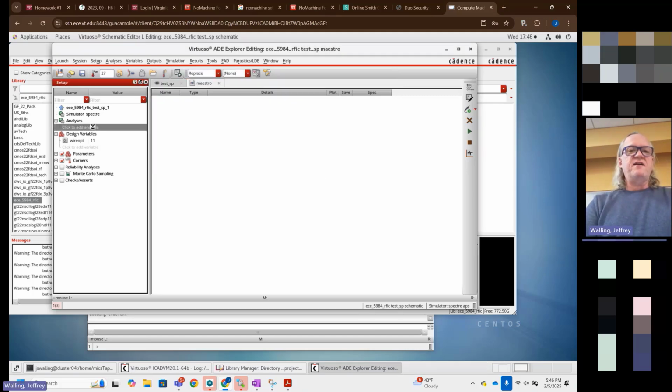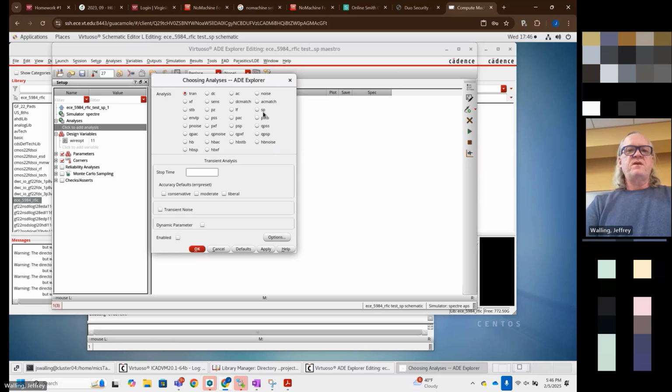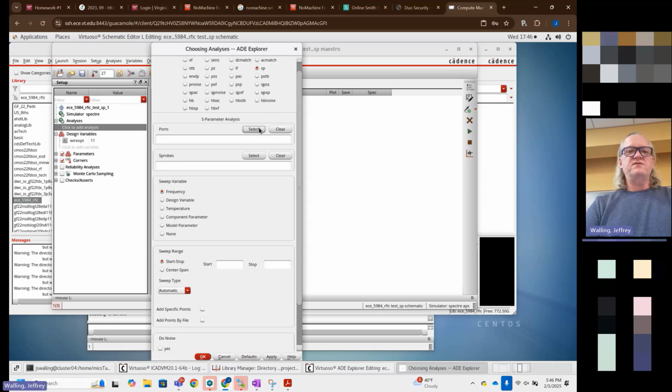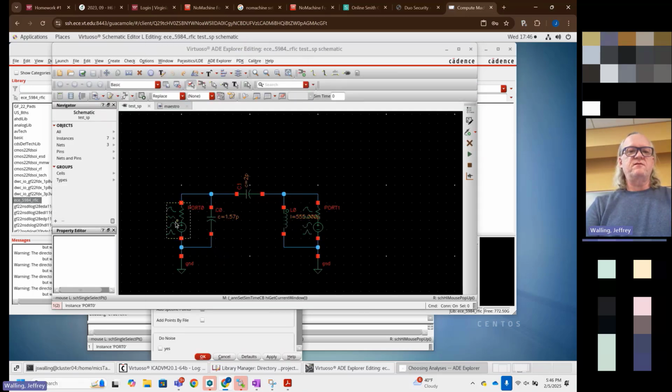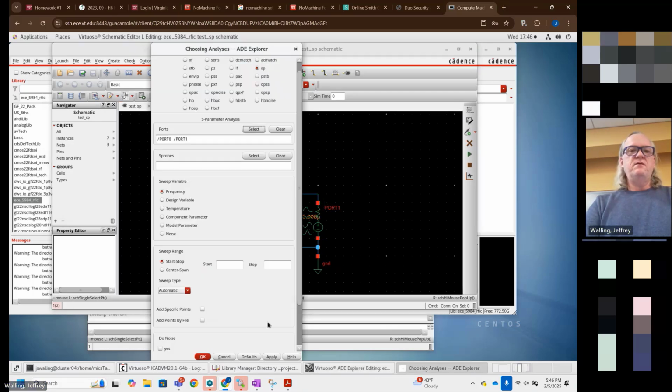We're going to add an analysis, SP. We're going to select our ports in the order port 1, port 2. And we're going to sweep across frequency. This was designed to work at 6 gigahertz, so 1 to 10 gigahertz should cover us.